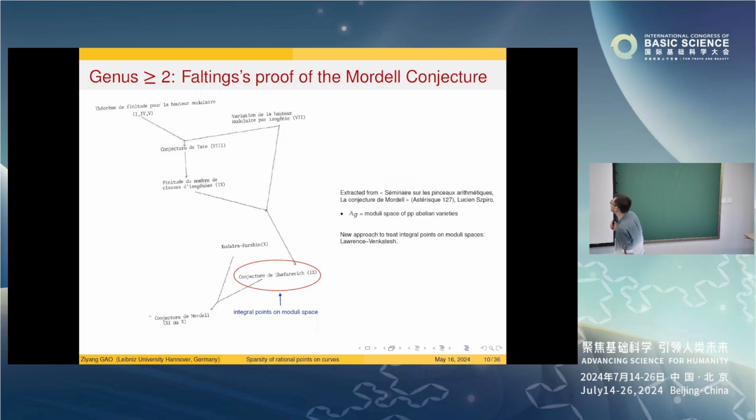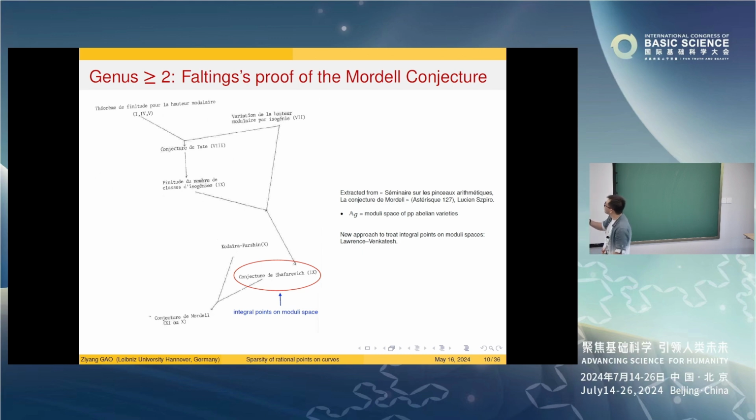Okay. Now, here is the finiteness result. It's proved by Faltings. And I extract this diagram from the proof in Astérisque 127 by Lucien Szpiro. So we see that inside this proof, Faltings actually proved a lot of big conjectures, the Tate conjecture, the Shafarevich conjecture. And in the proof, he introduced something called the Faltings height, which I will talk about later.